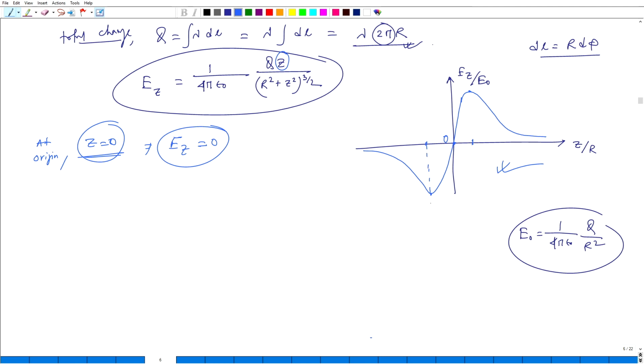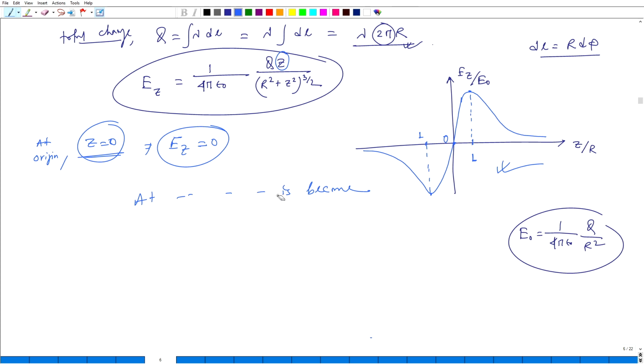In the next class we will discuss the maximum point, where this electric field becomes maximum. So the maximum is at z equals r, no, we will calculate it, this is not r, okay.